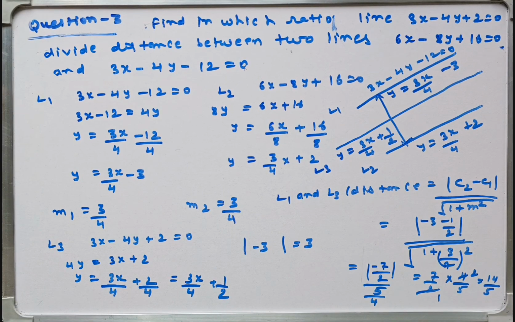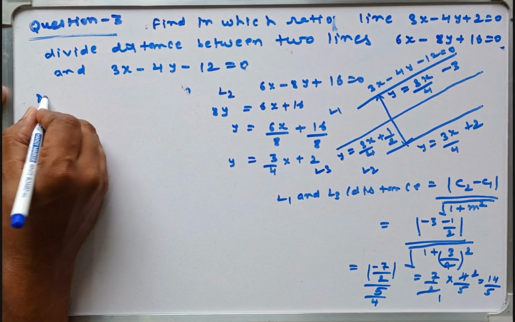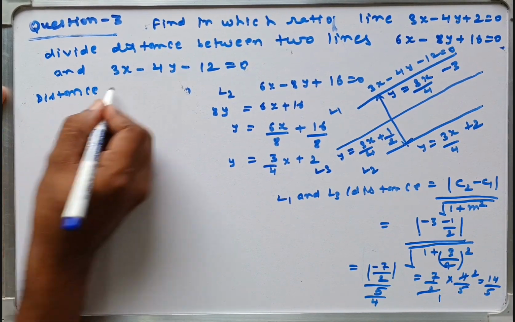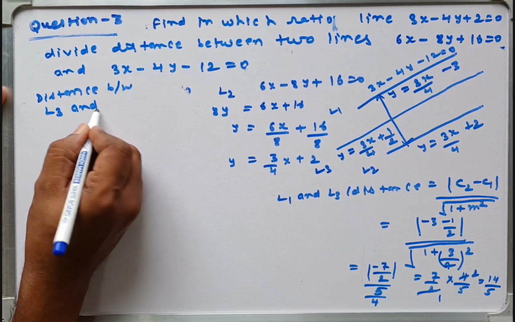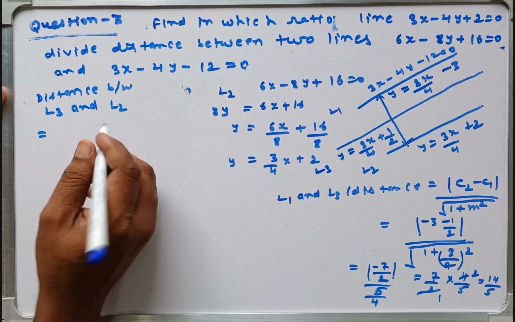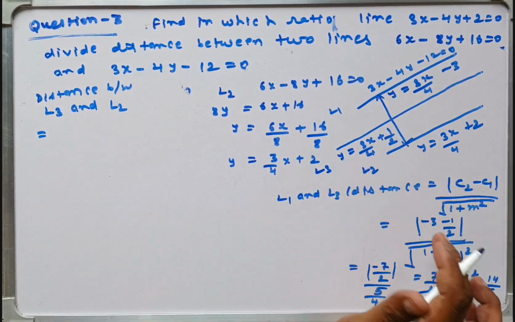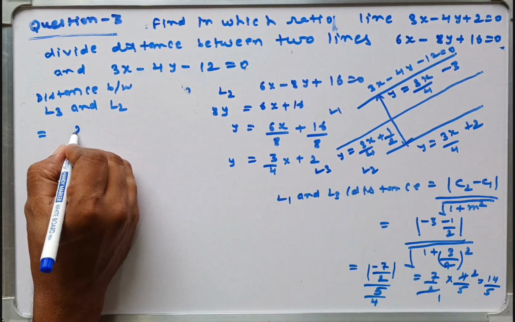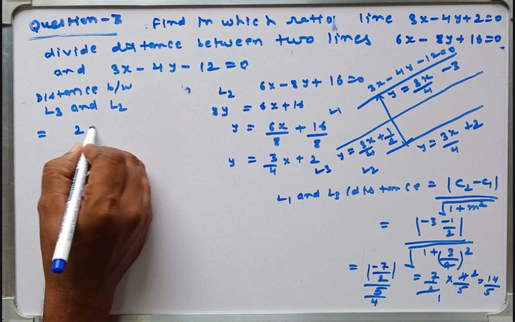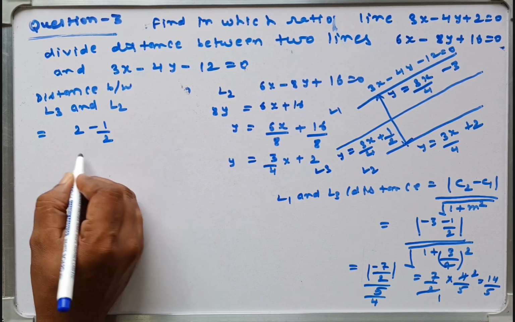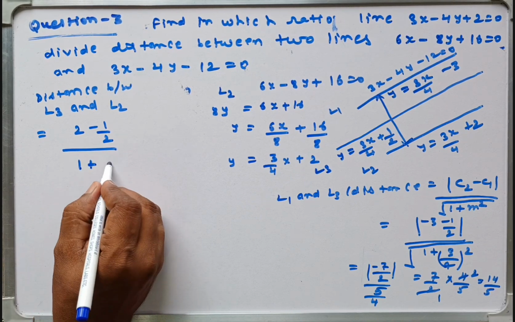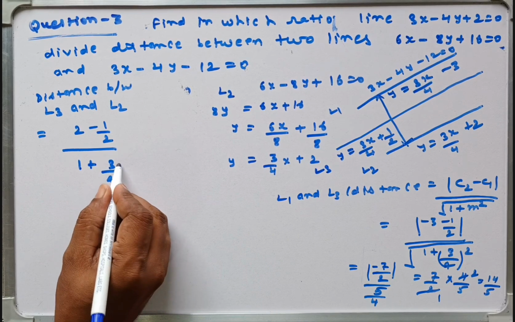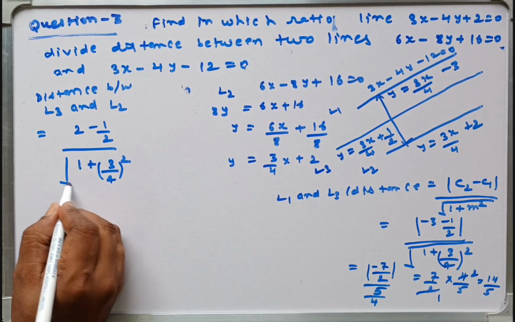Okay, so next see the distance between L3 and L2. Okay, so we can write here 2 as the C2 value, then the C1 value equal to minus 1 by 2, divided by 1 plus gradient whole square, take under root of all.